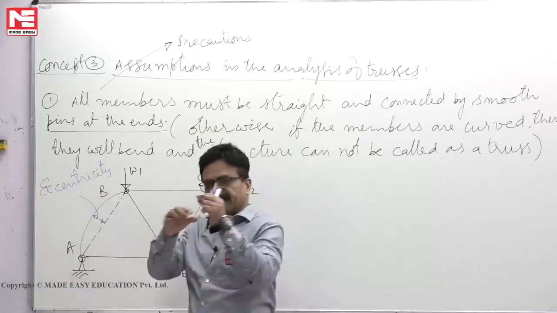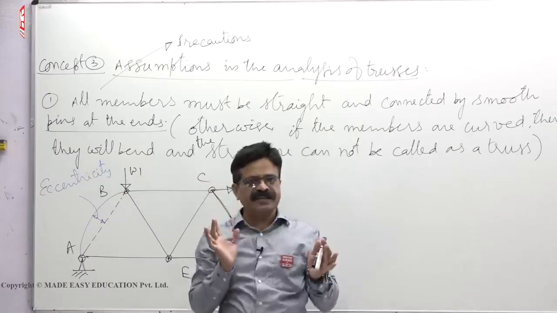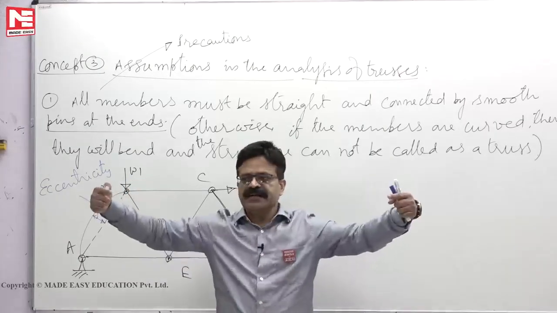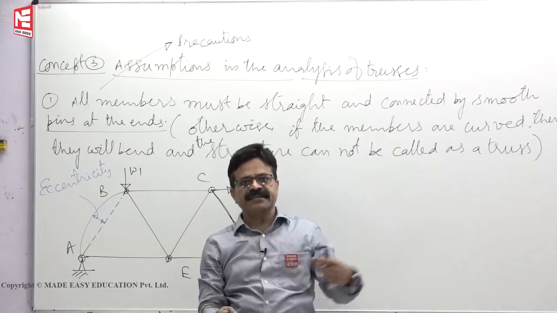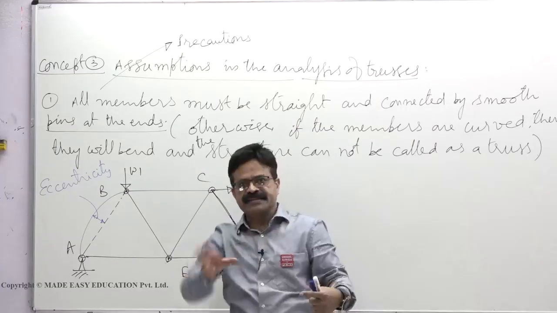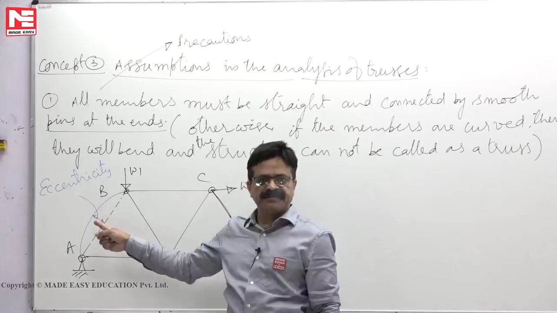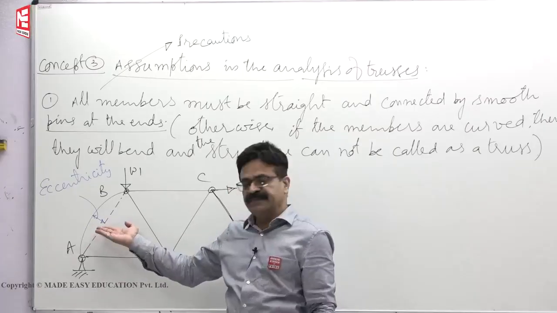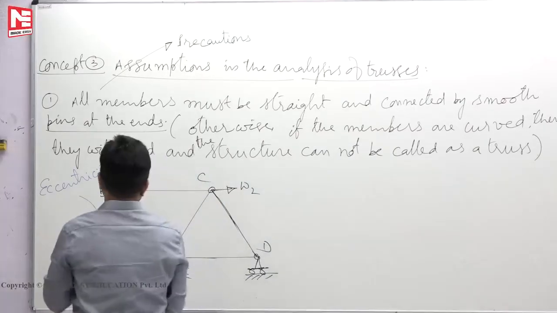If you have a straight member, apply compression, it will only be under compression. If you take a curved member and apply compression, say your line of action of the force is here, but cross section is here, so force into perpendicular distance, it will produce some moment. So once there exists bending moment, then you cannot call it as a truss. Because of that, it becomes a frame. So this is not a truss.